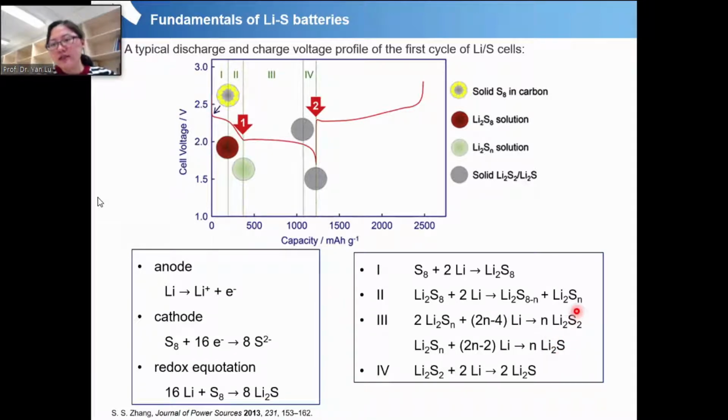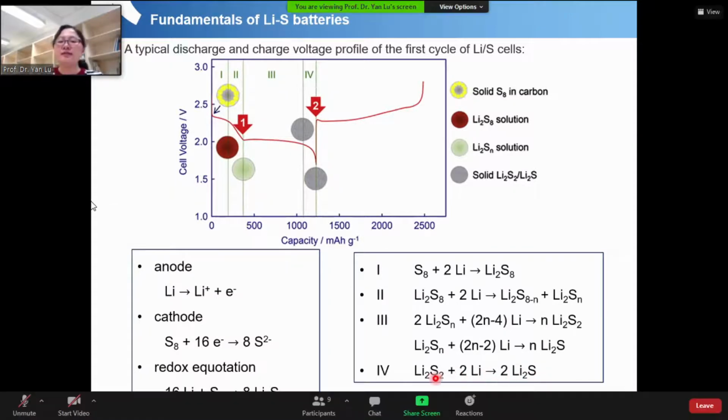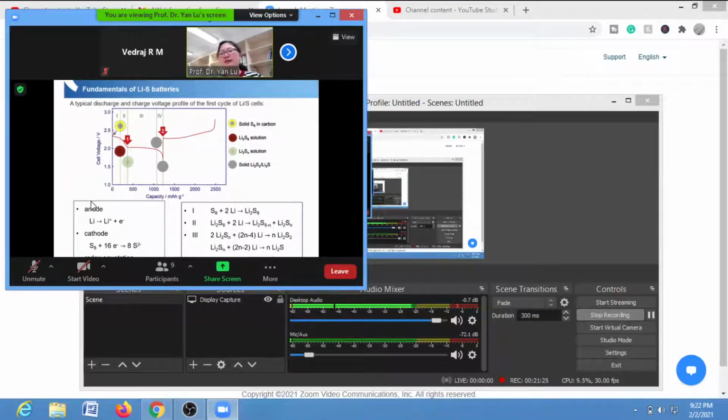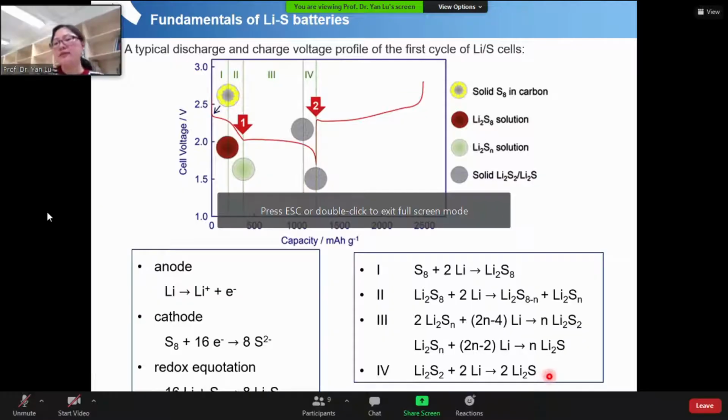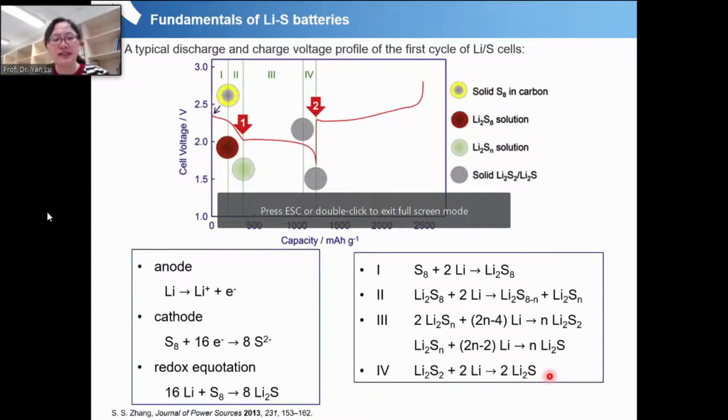These two are both already solid, so you will have a liquid to solid transition. And then in the last stage, the lithium 2S2 will be further reduced to lithium sulfide. So you will have a solid-solid reaction. You can already imagine, this is the rate determining step because the solid-solid conversion has very slow kinetics.